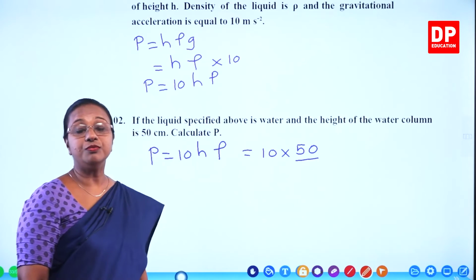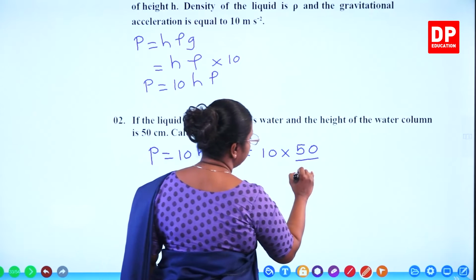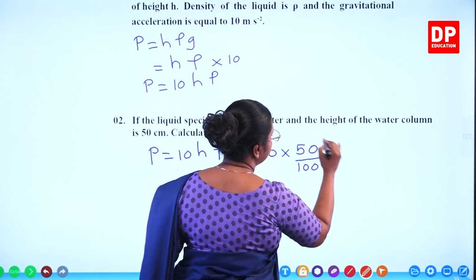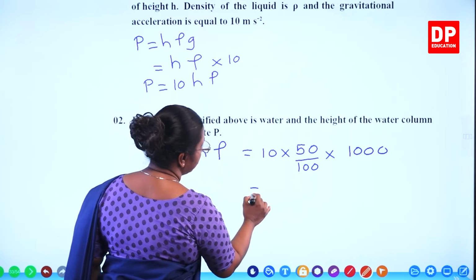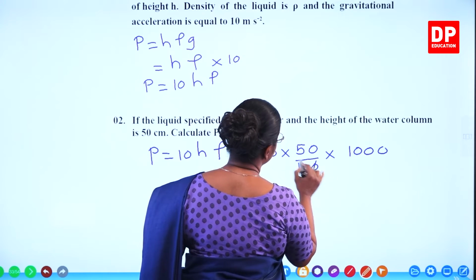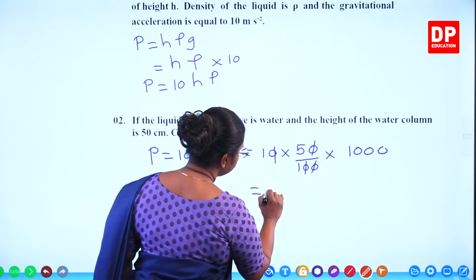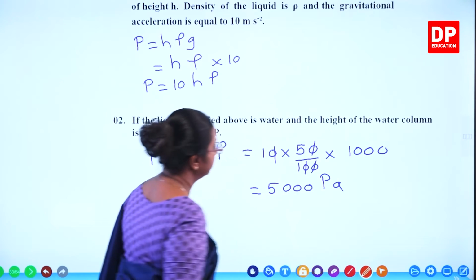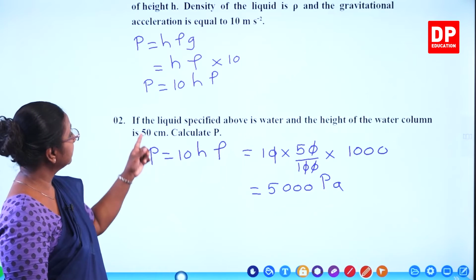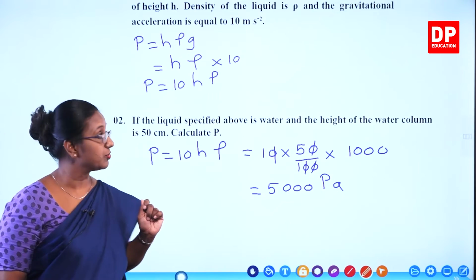So, what do we do? We divide it by 100. 50 divided by 100 into density, you all know, is 1000. So, here of course, again we can simplify. It will be equal to 5000 Pascal. So, the pressure exerted by the water column will be 5000 Pascal.